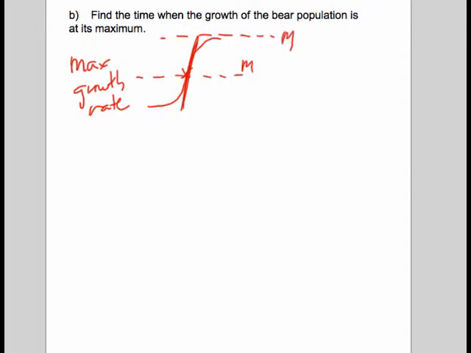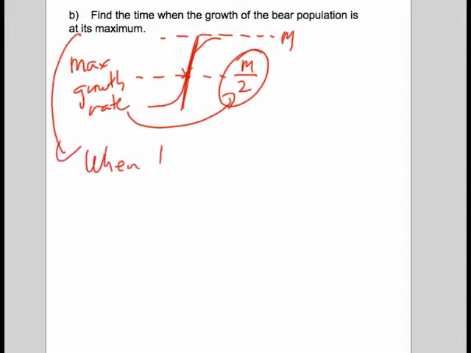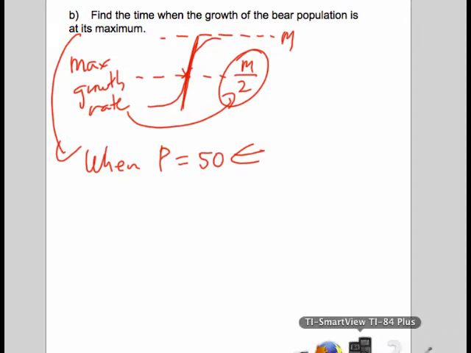That can be shown using your differential equations. I'm going to save that as an exercise. But your maximum growth rate always occurs at half the carrying capacity. So that, in this case, means that when we have 50 bears. So you can plug 50 into your logistic equation and solve for it algebraically if you want.